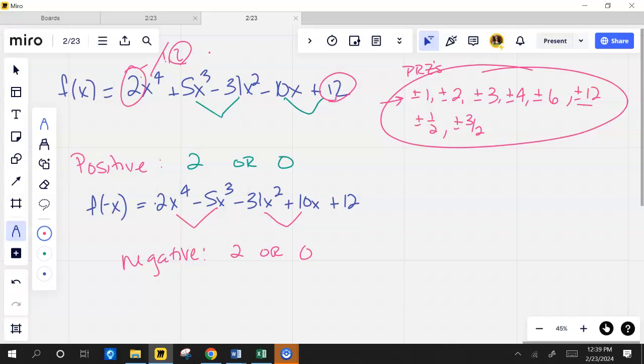You subtract 2 each time. 1, just 1. That's the best one because then you know you've got one of those kinds. If I didn't have any sign changes in here, if they were all the same sign, then I would say you have no negative solution, which would eliminate half of your list.